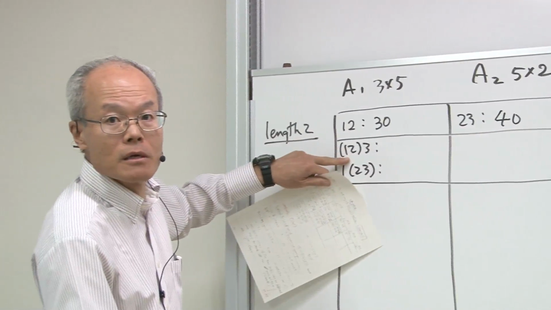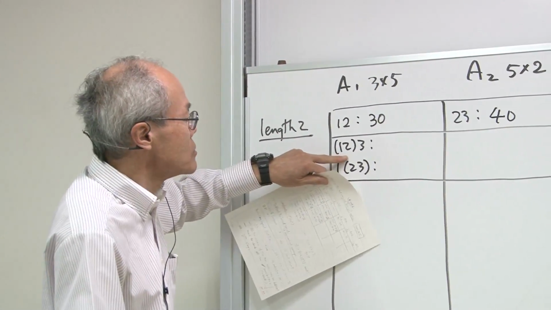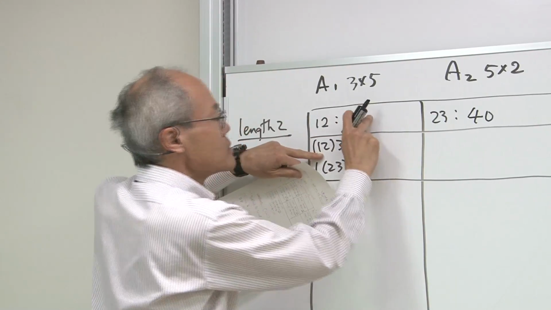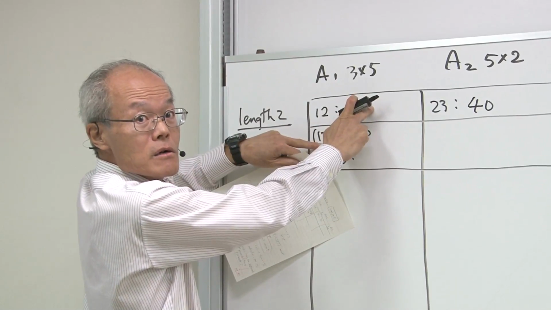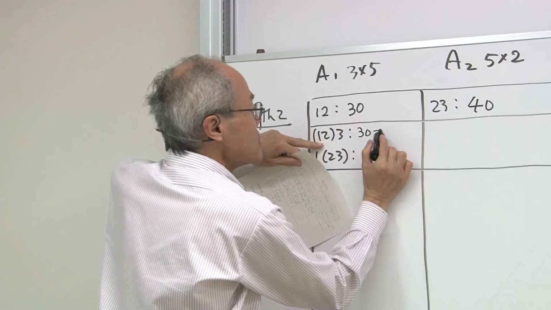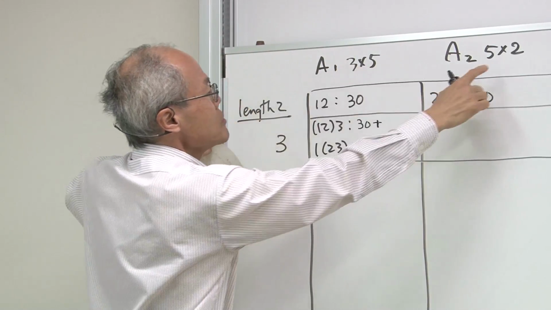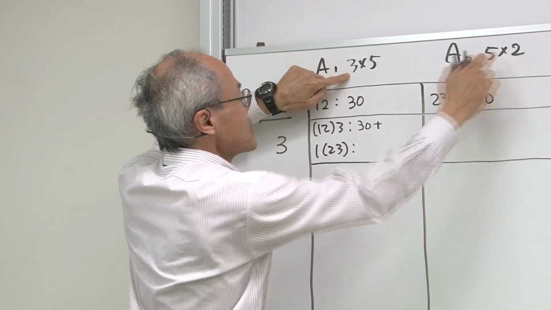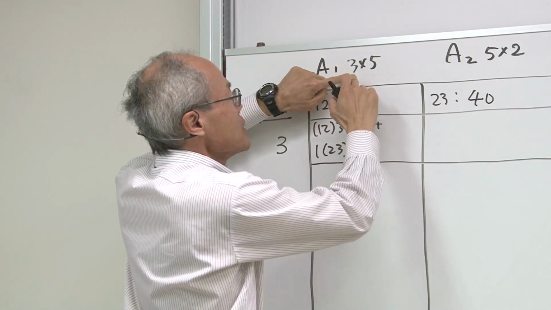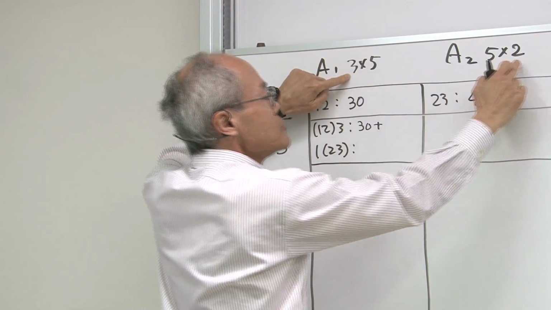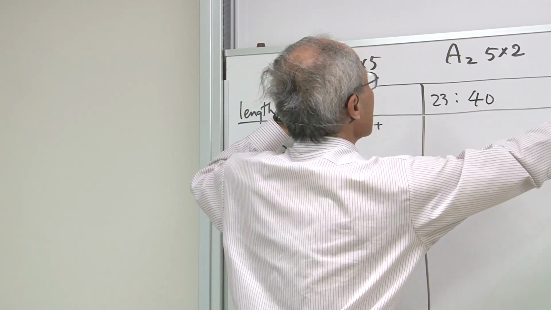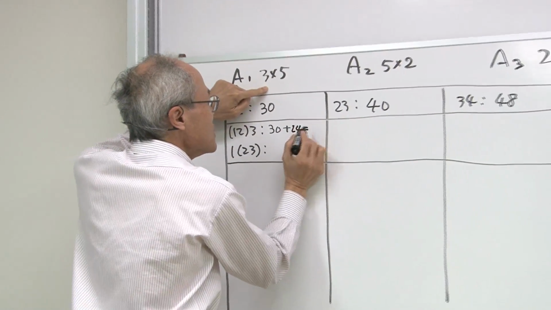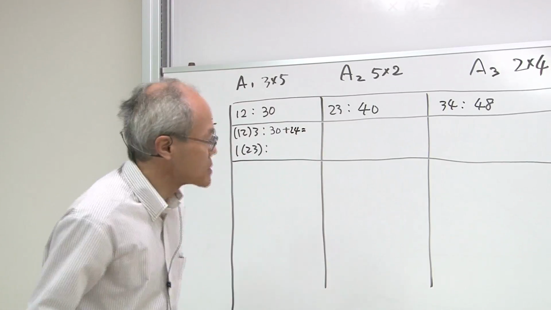For multiply 1, 2, we need 30. We have it here, right? Plus what? If you multiply 1, 2, then the resulting matrix is 3 by 2. So in order to multiply 3, we need 3 times 2 times 4. How much is that? 24. This is equal to 54.